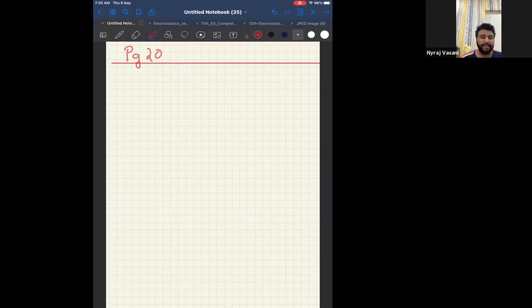So now illustration 16. This is the question. If you have understood whatever we have done till now, you will understand this very well. Illustration 16. Read it and let me know.